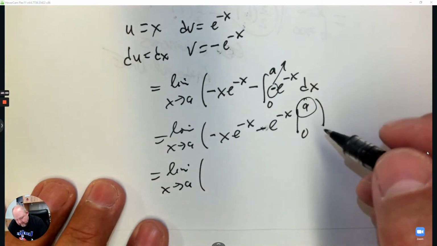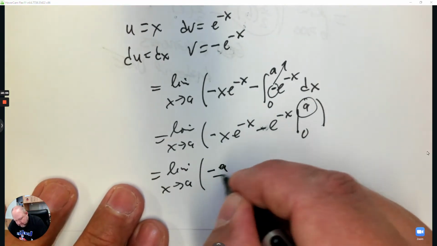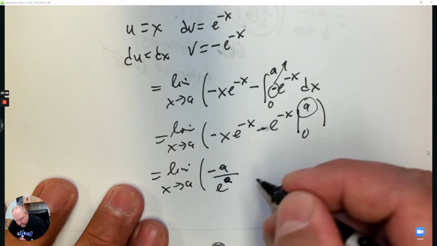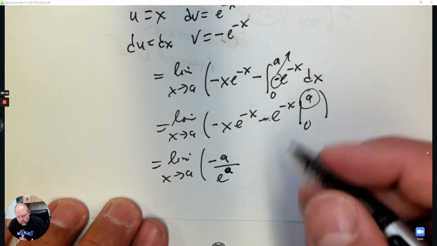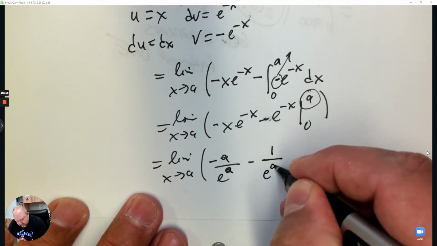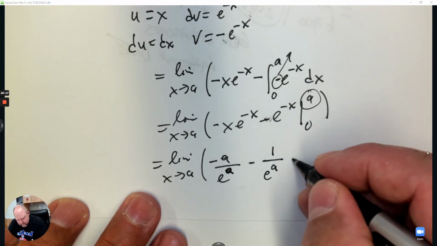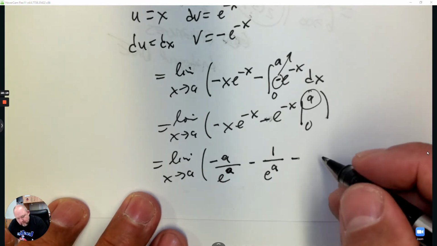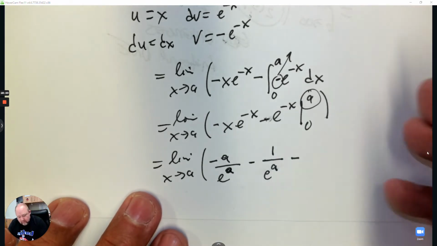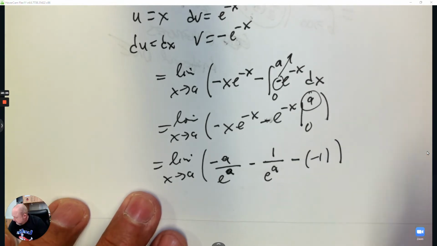So first I'm going to plug in a. Again, I'm going to write this calculus friendly so you can see it. When I plug in 0, 0 times anything is 0, and then e to the 0 is 1, so that's just negative 1.